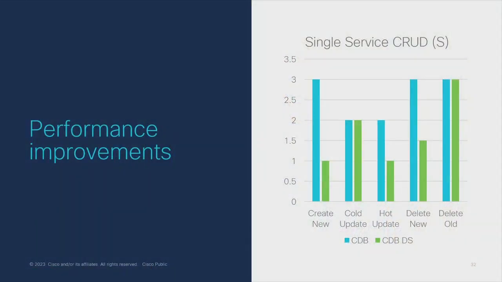And then we have the measurements on the same provisioning service. This is on a system with 10K services in CDB already provisioned. And here we see quite good improvements or on par performance across the board. So if we're creating a new service instance here, it's 3 times as fast, which is surprising, but also very good.